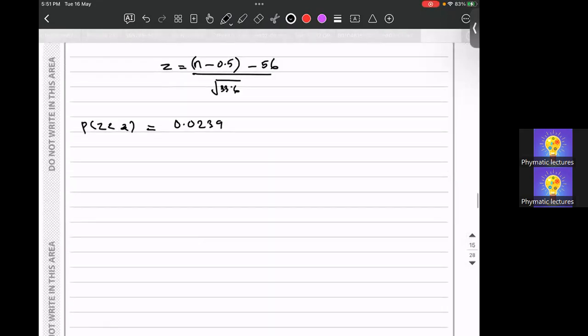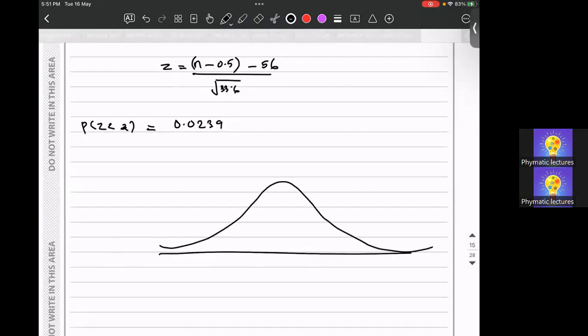Now, this is the standard normal distribution curve, and this is the corresponding Z value, such that this area is 0.0239. Obviously, this is a negative value.